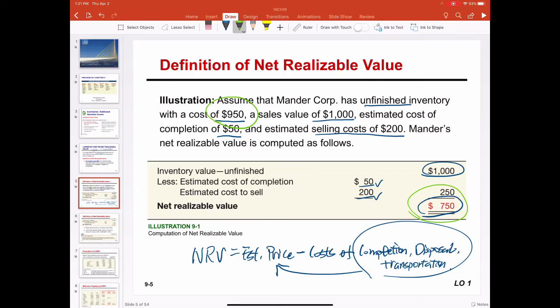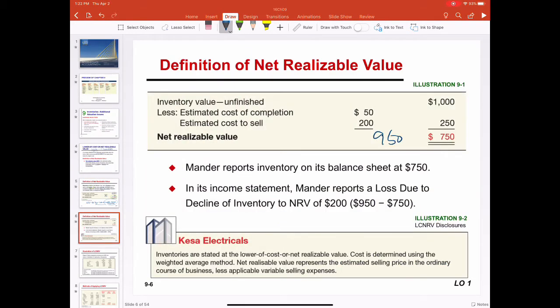And we're going to apply the lower number as the new book value of the inventory. In this case, because the $950 book value is greater than NRV, that means the book value of the inventory was overstated. So we're going to use $750 to replace $950 as the new book value of inventory.